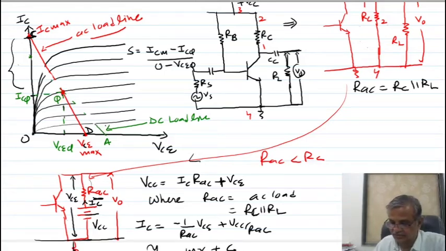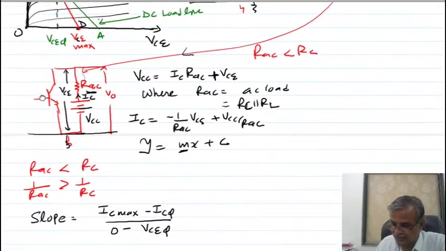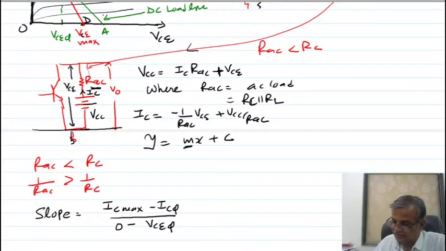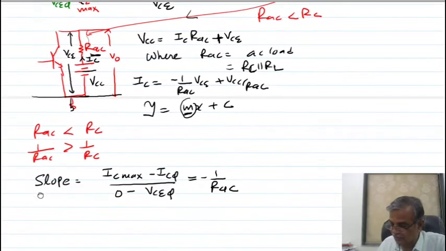I think you understand. But this slope is nothing but, already I have written, the slope of the line is minus 1 upon RAC. The slope of the AC load line is minus 1 upon RAC.